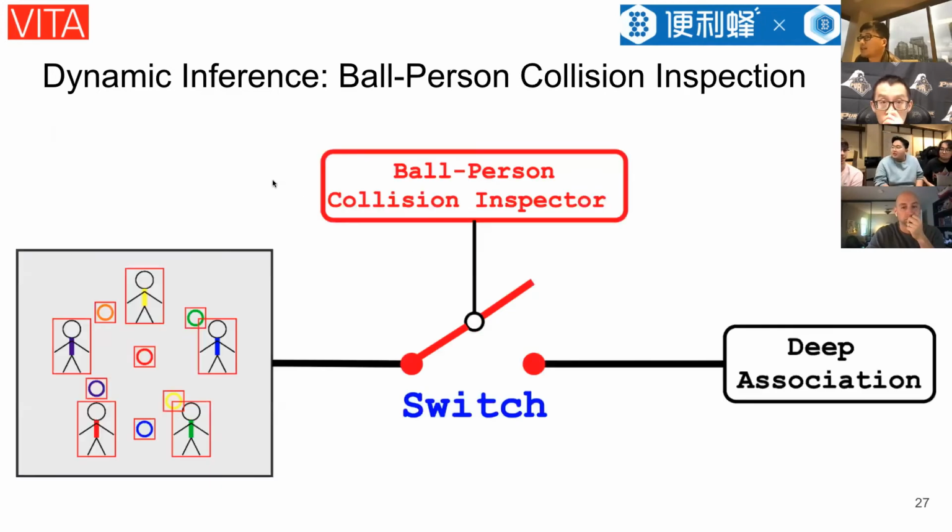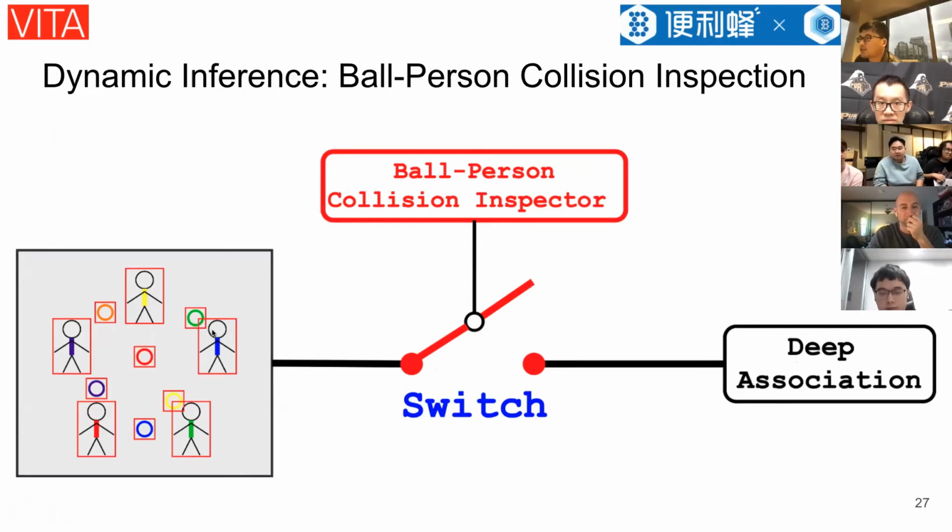And the last strategy we use is collision inspection. Imagine we have a switch between the deep association and the detected bounding boxes of persons and balls. So we just inspect whether any collision happens. Here we define collision as the center of the ball falling into the bounding box of the person.